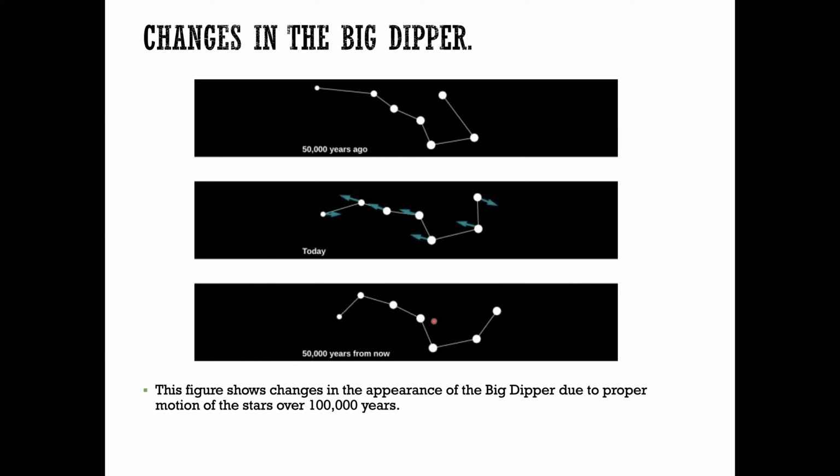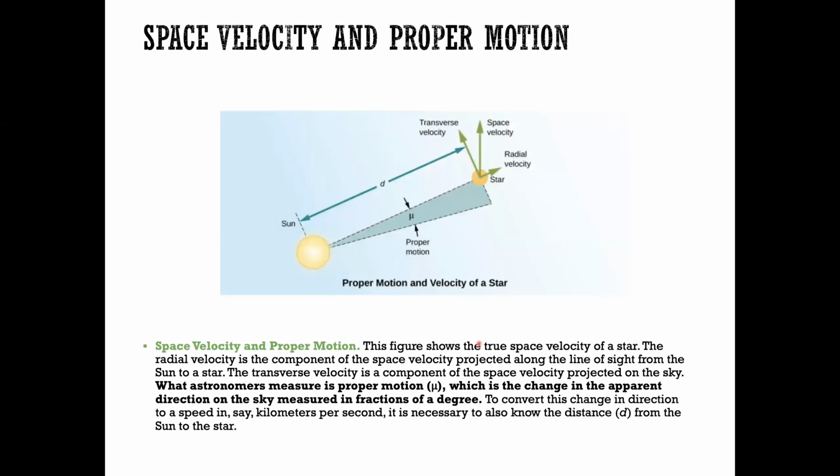Now, this happens due to the different proper motions of different stars in this constellation. You can see that the shape of the constellation Big Dipper has changed a lot, right? But the problem is this change has taken around 100,000 years. This is why you cannot see it, or you cannot feel it, but it happens.